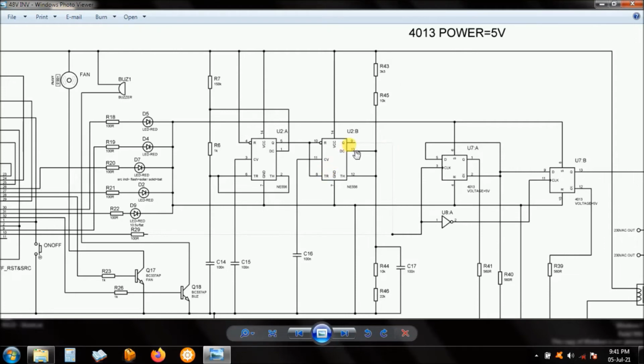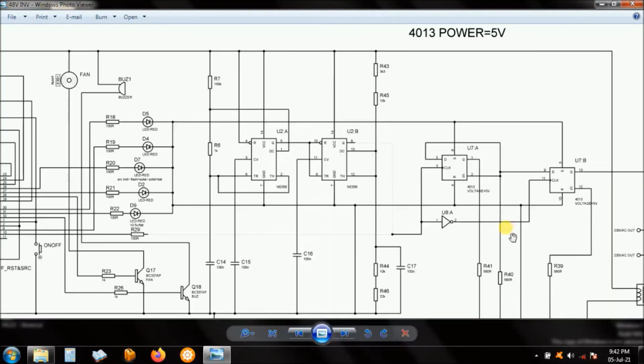So by controlling how long this high pulse is, you're controlling the pulse to the 4013 here, which is input through here. This is an inverter, so you have low pulses coming here, and high pulses on the other side.